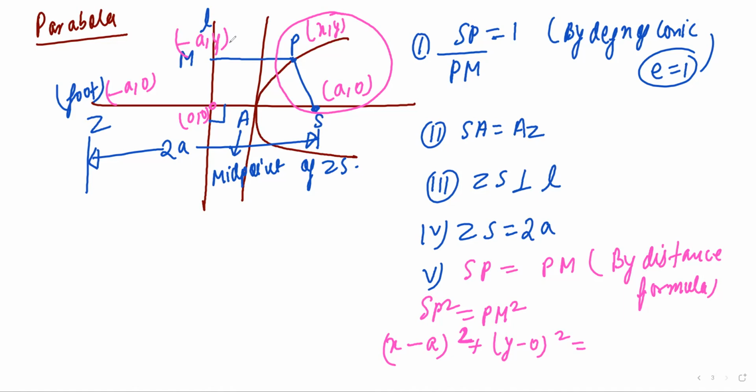The x coordinate is minus a and the y coordinate is y. So it will be x minus of minus a whole square, and y is 0.